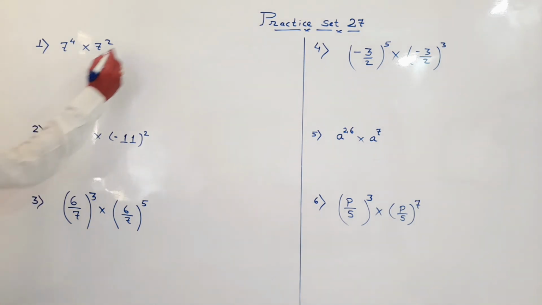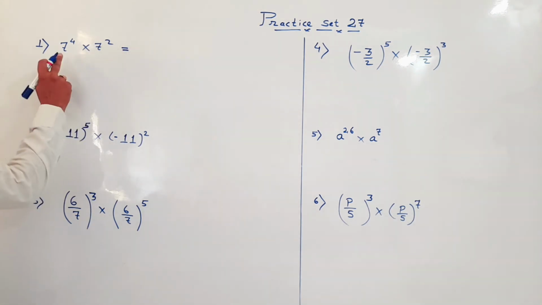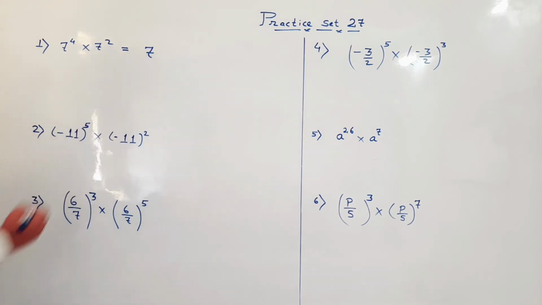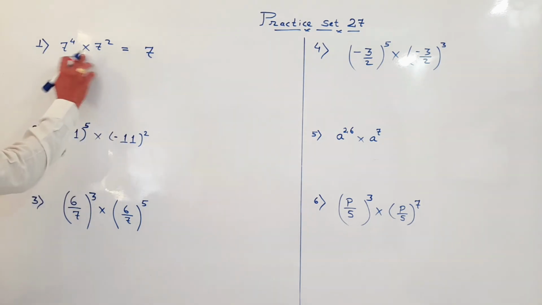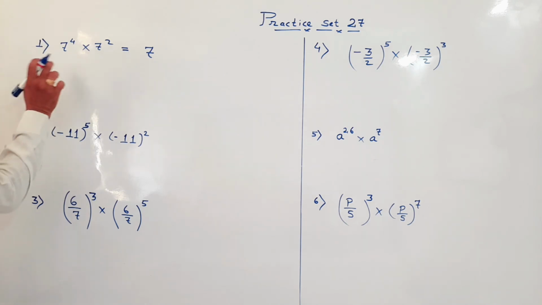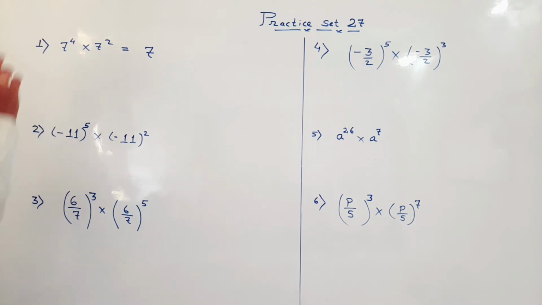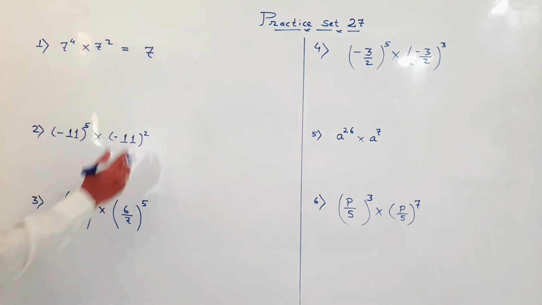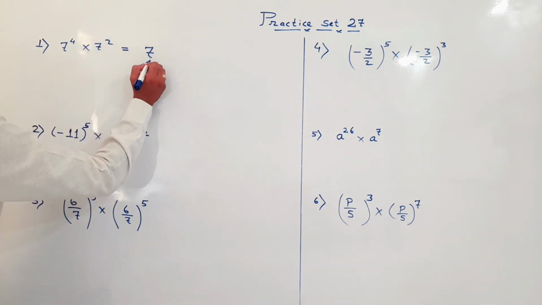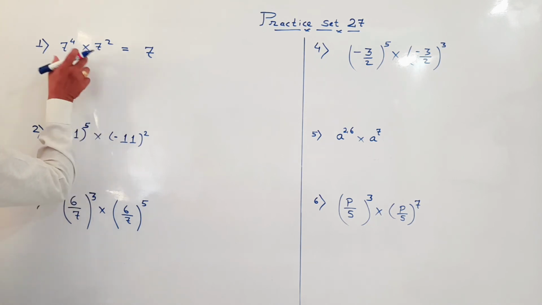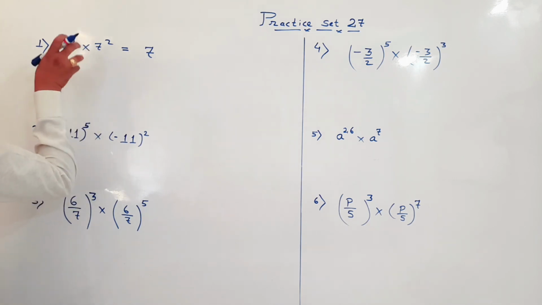My dear student, here we have the same base, that is 7, and there is multiplication of the indices with the same base. Then what can we do?